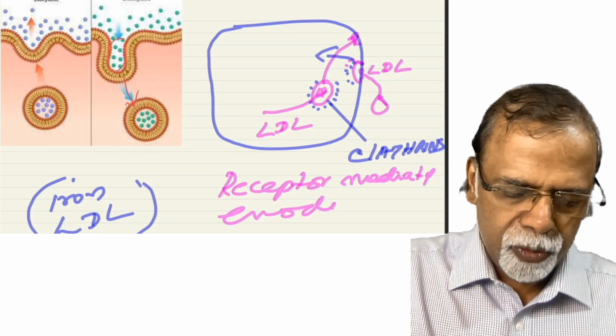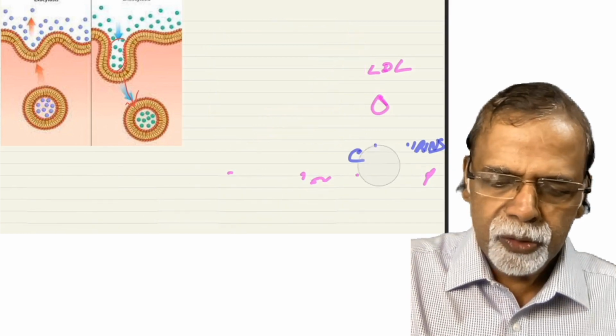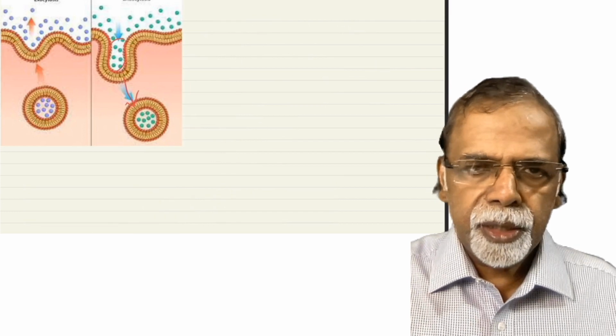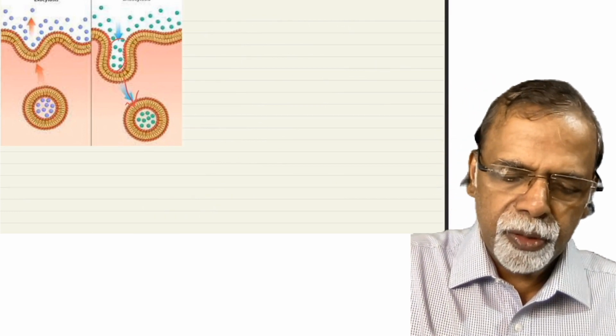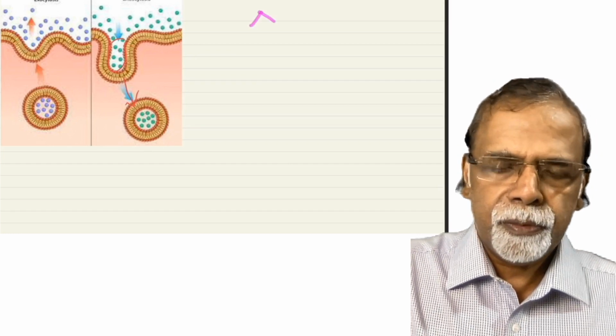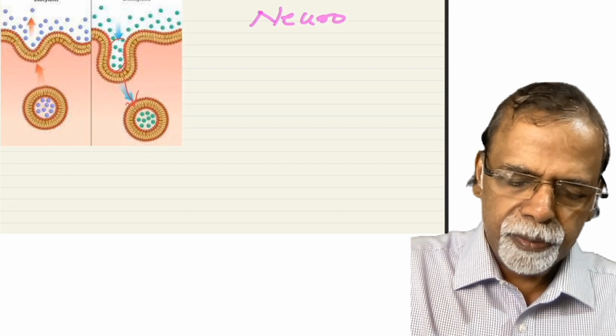Now we think about the other type of vesicular transport, the exocytosis. Endo means inside, exo means outside. So this is usually for neurotransmission. So we'll take a nerve terminal.